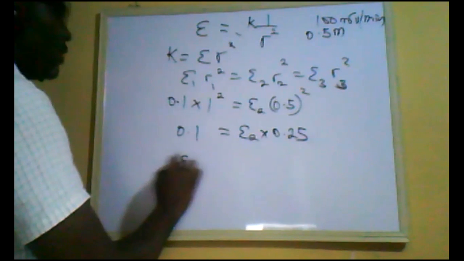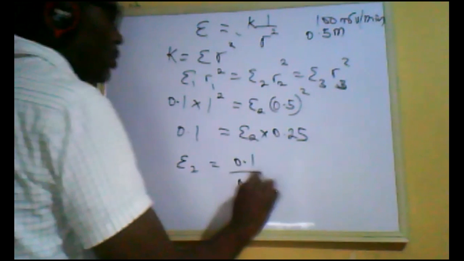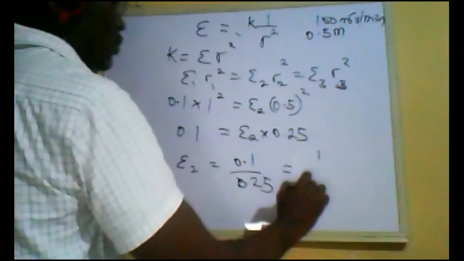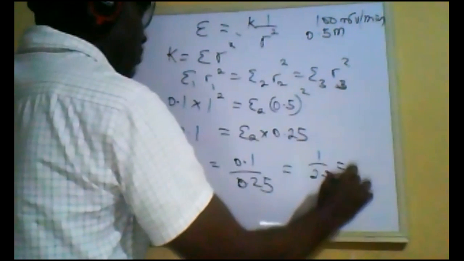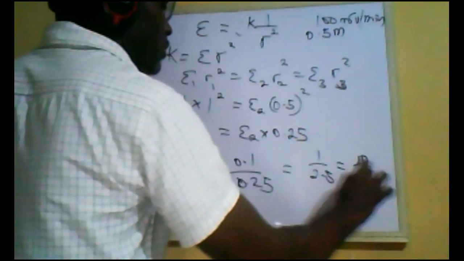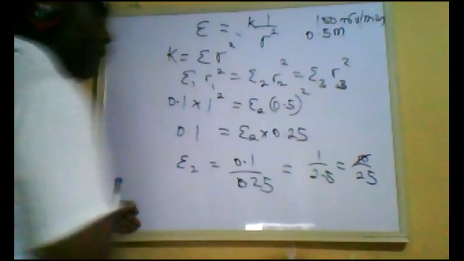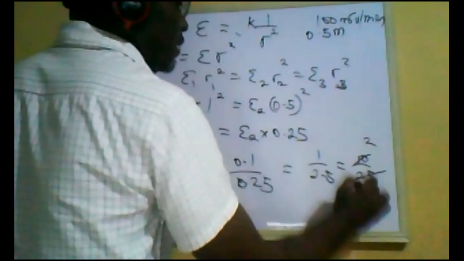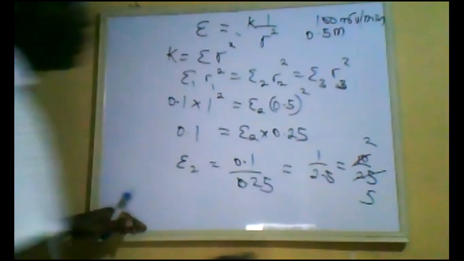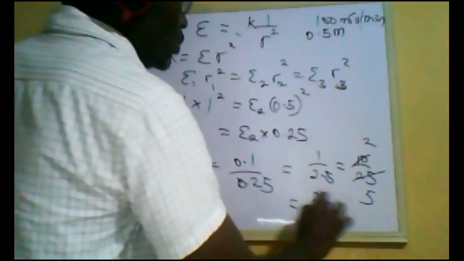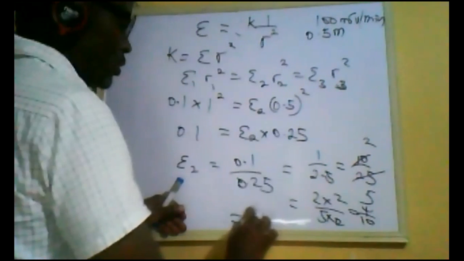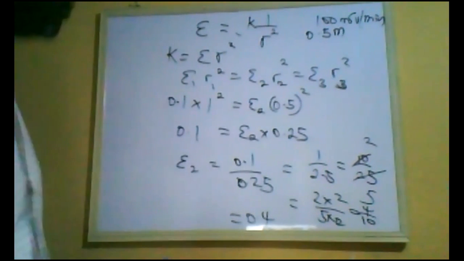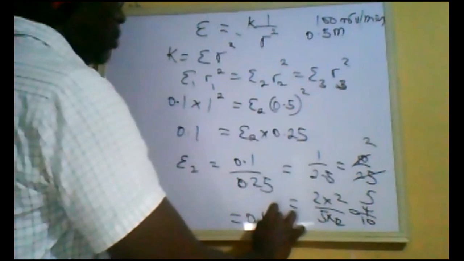So at the end of the day we have E2 to be 0.1 over 0.25, which is 1 over 2.5. 2.5 is 10 over 4, so that is 4 over 10, which is 0.4. So we have 0.4 millisievert per minute.